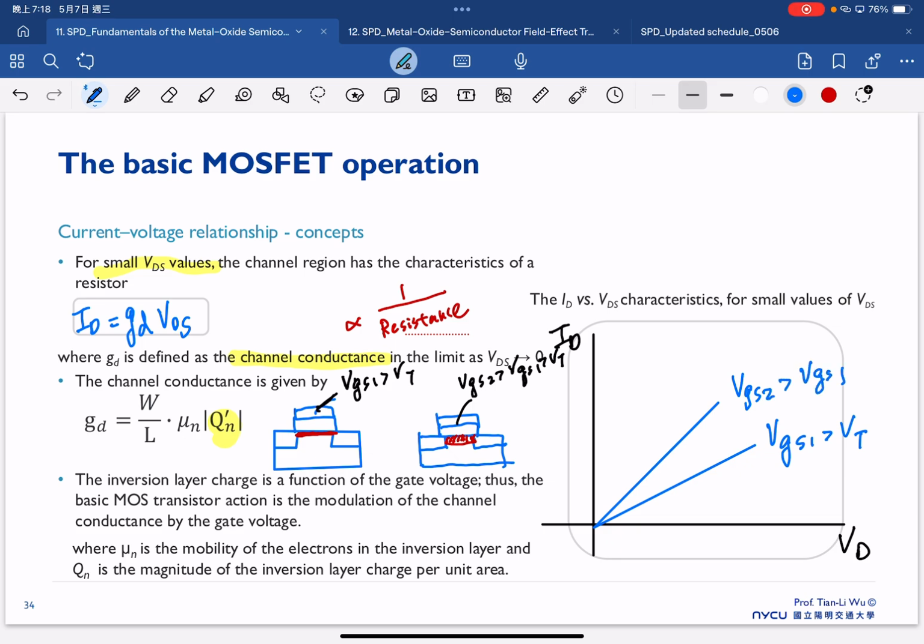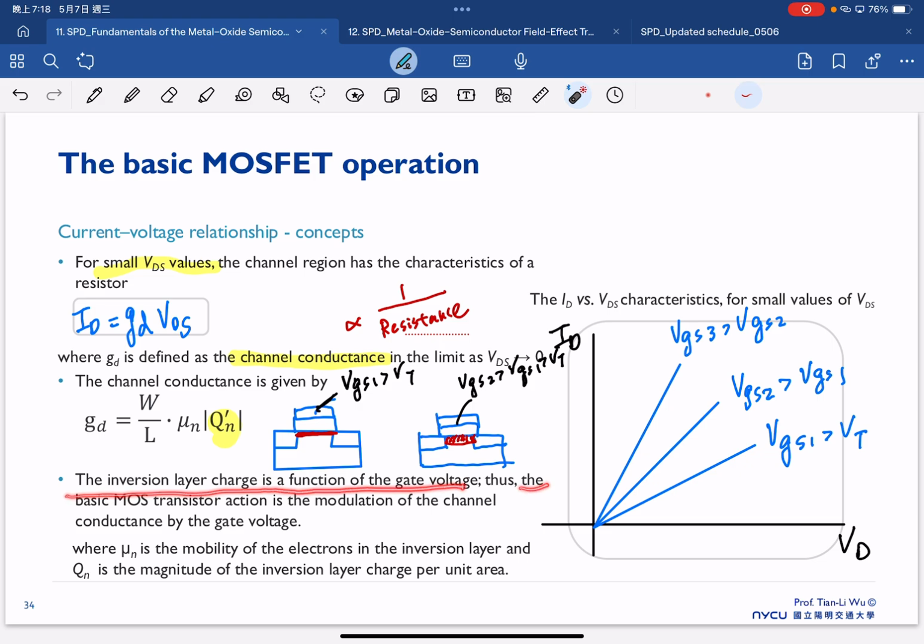Right? And the same, if we have a VGS3 larger than VGS2, we can have this higher current, and now our current is only linearly proportional to our drain bias here. So the inversion layer charge is a function of gate voltage.